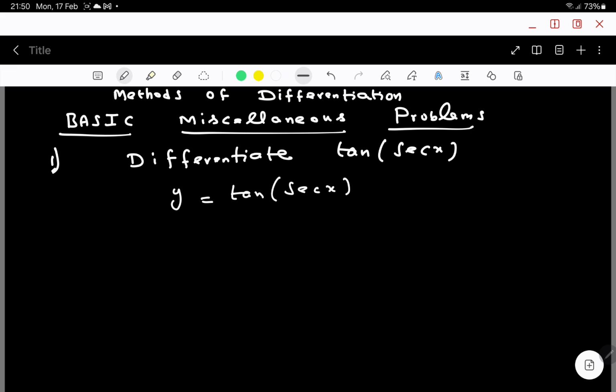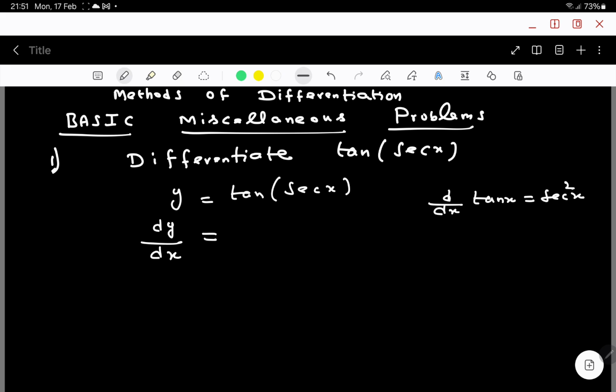dy by dx equal to, now differentiate with respect to x. We use chain rule here. We know differentiation of tan x is secant square x, d by dx of tan x equal to secant square x.